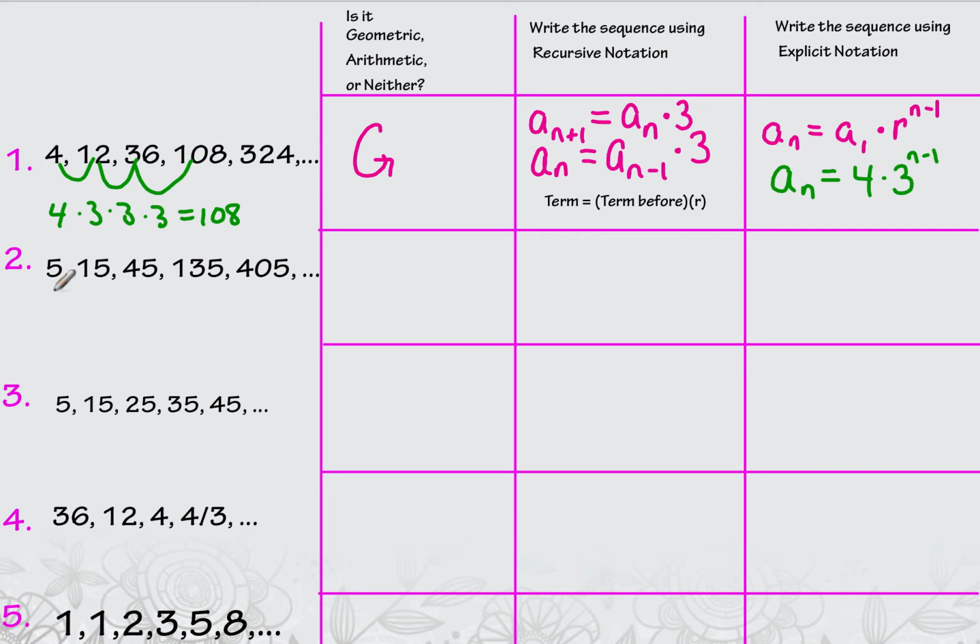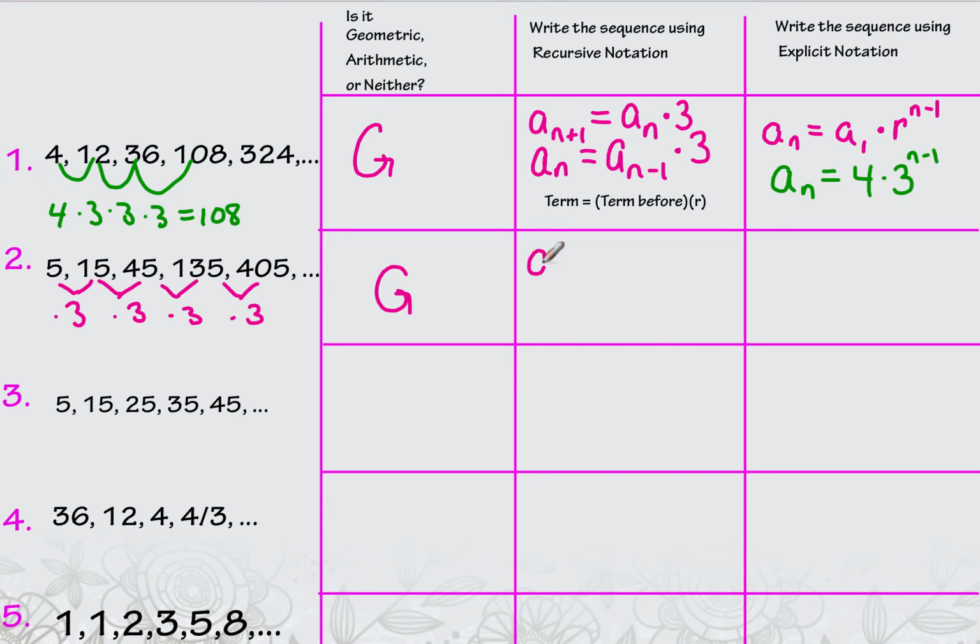All right, let's look at the next one. How did I get from 5 to 15? Well, I'm going to start with the geometric. All right, I'm multiplying by 3 again. So this is geometric, and everything is still the same as above.